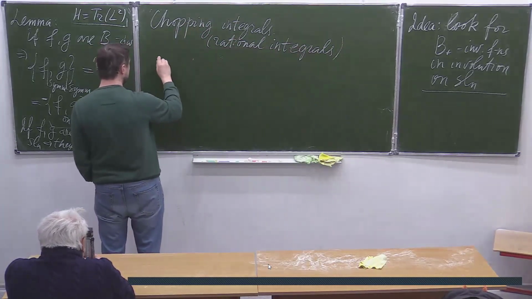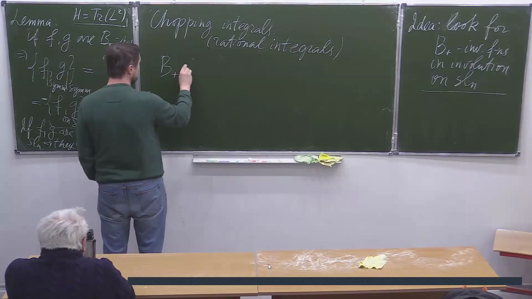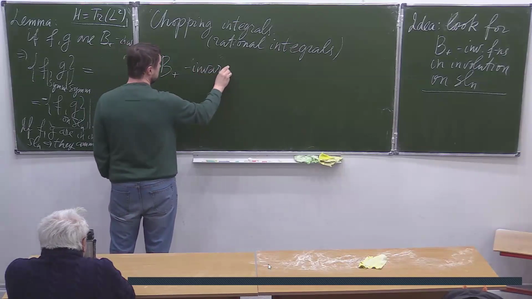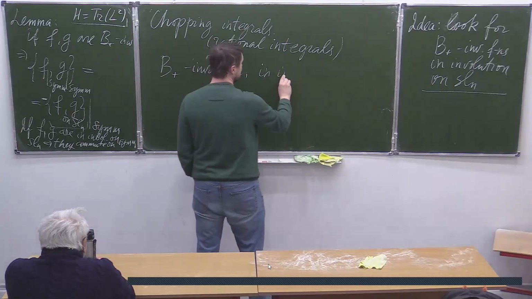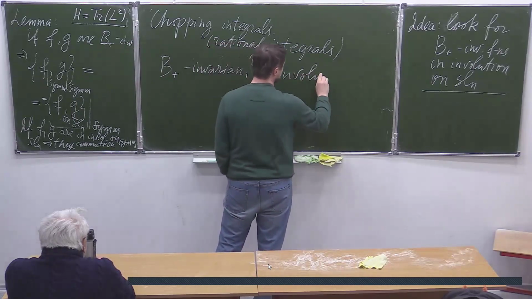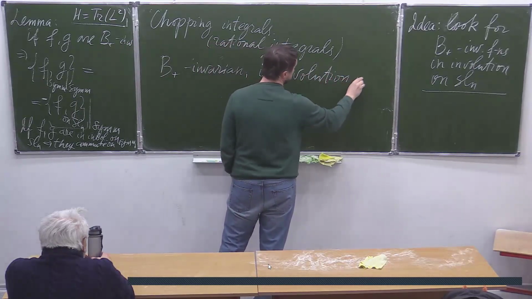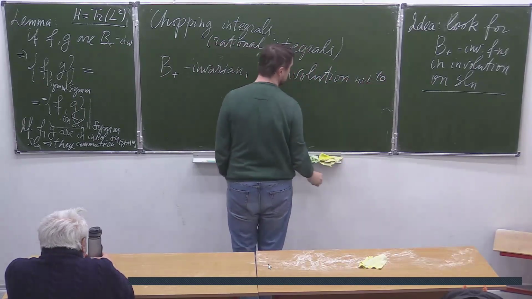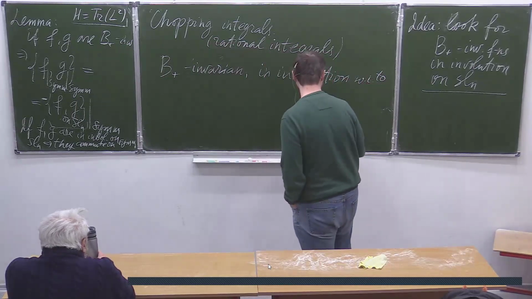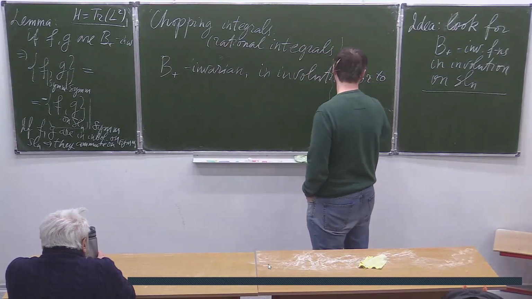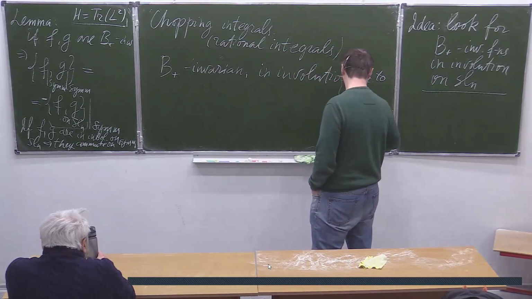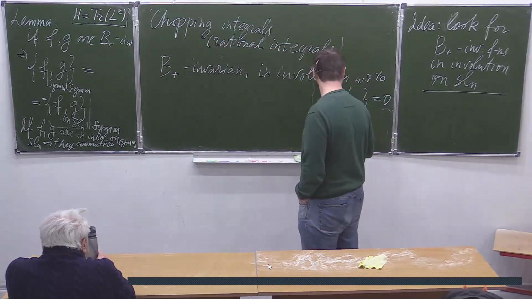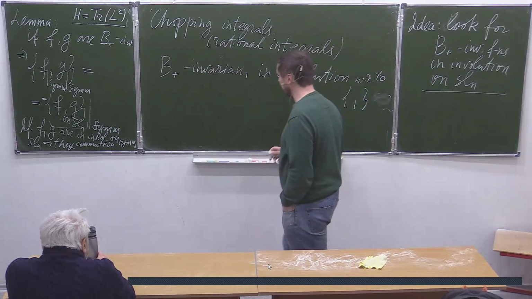So we need to find functions which are B plus invariant, which are in involution with respect to the usual Kirillov constant bracket on SLN.